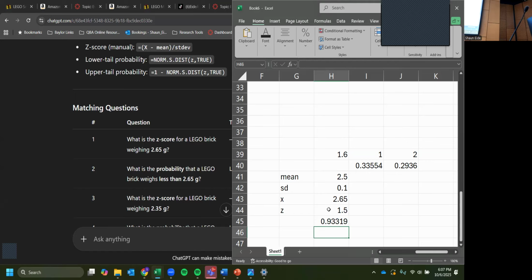Yeah, 93%. Okay, 93.319%. What's the probability of having a Lego brick that weighs more than this? 1, yeah, 1 minus that.